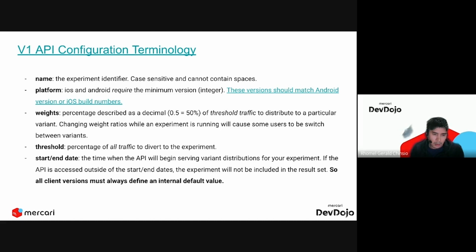Also, the start and end date put a limit on the duration of your experiment. This sounds quite obvious on the face of it, but we have made many mistakes here as well. We'll actually be releasing a change to make this less error prone in the future.